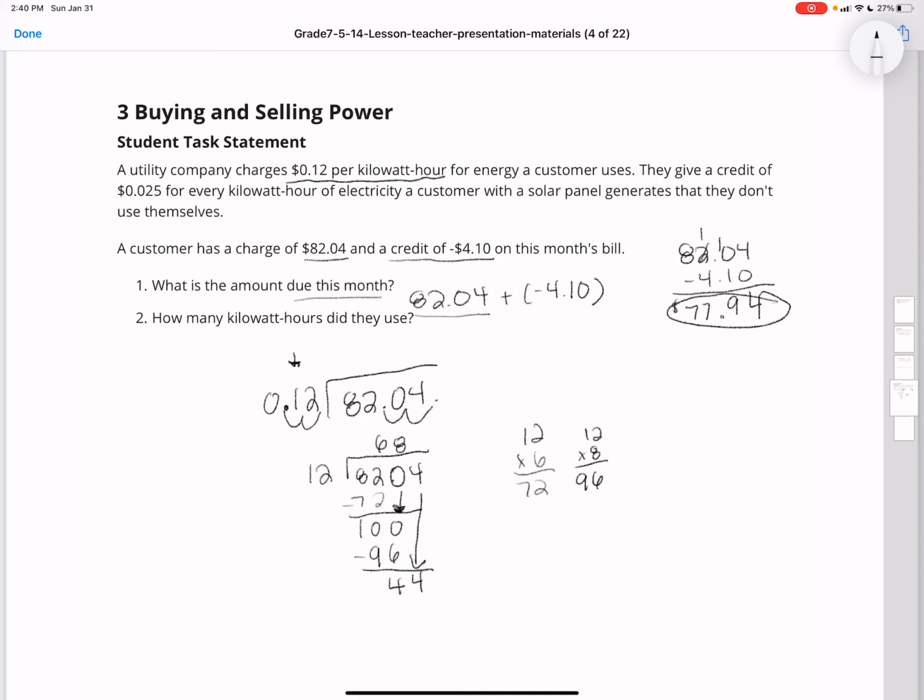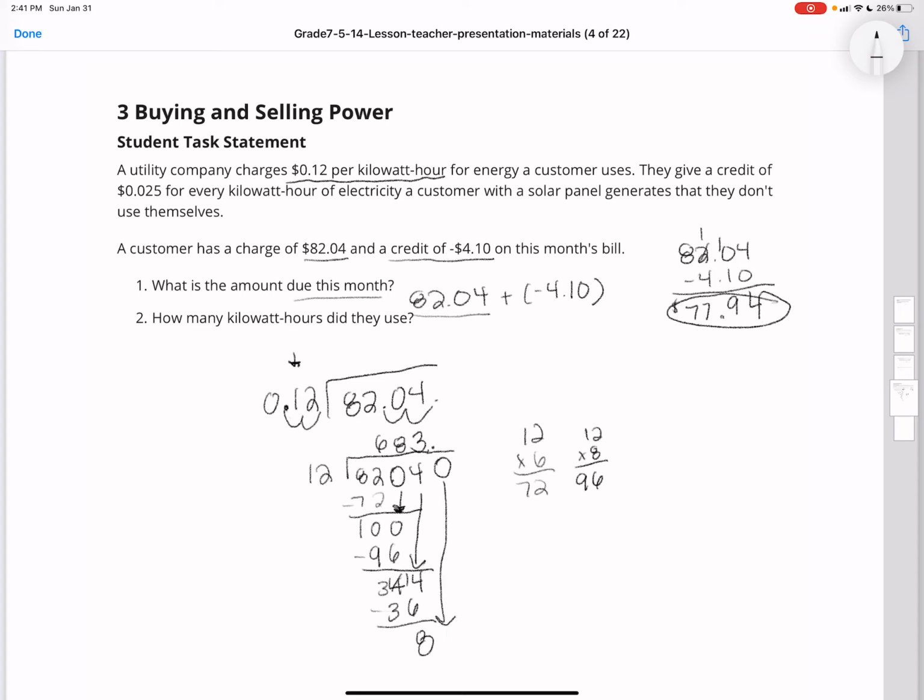And then how close can we get 12 to 44 without going over? We could get that 3 times because that would be 36. All right, what's left over is 6. Now, we could leave it as a fraction, or we could turn it into a decimal. If we wanted to turn it into a decimal, all we have to do is add a 0.